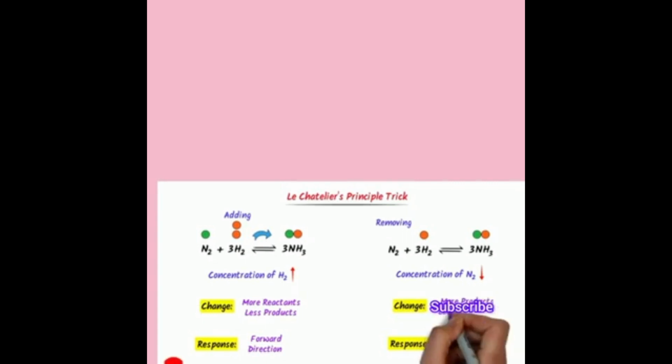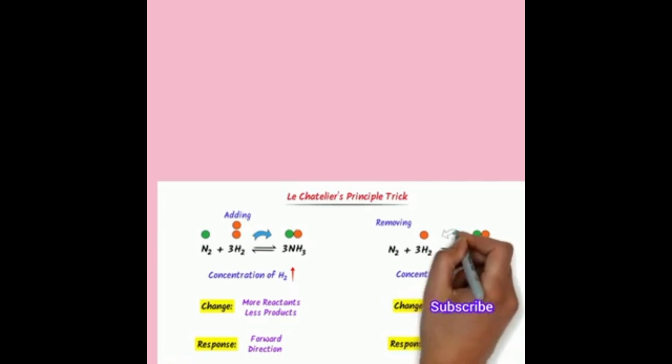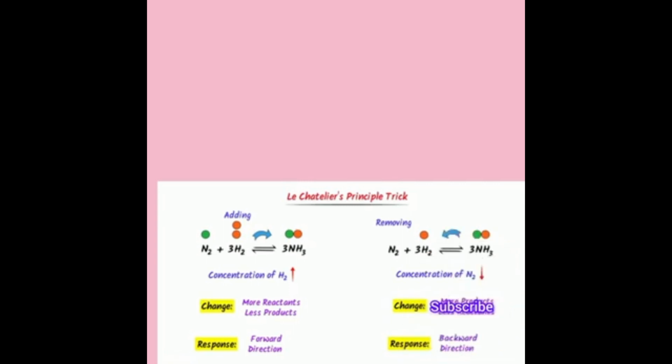There are more products and less reactants. Secondly, the equilibrium will proceed in backward direction in order to form more reactants and neutralize the effect. Therefore, if we decrease the concentration of nitrogen gas, equilibrium will shift in backward direction to neutralize the effect and restore chemical equilibrium.